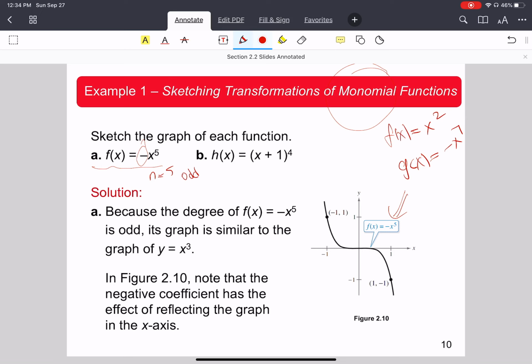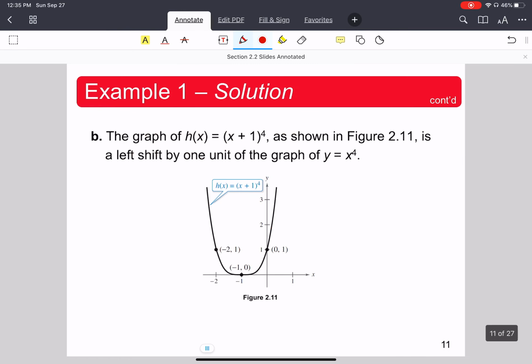The second function has n equal to 4, which is an even number, so it's going to look like a parabola, but because we're adding 1 to the x, it's going to shift to the left. We previously talked about transformations, and that's what we're using here, our transformation knowledge. Because we're adding 1 to the input, the function shifts to the left exactly 1 unit.